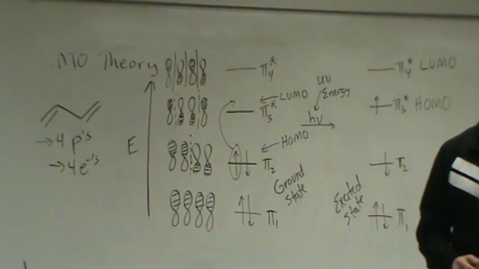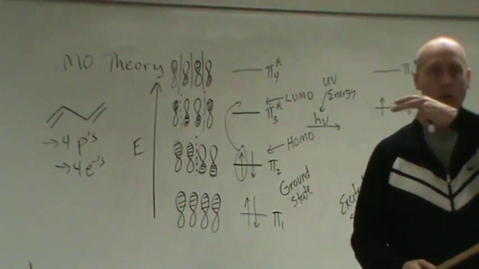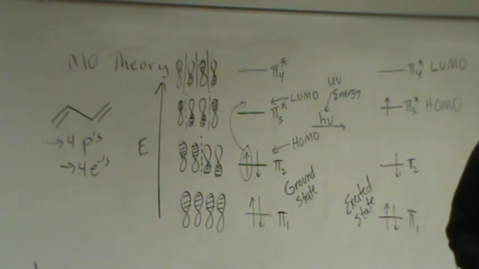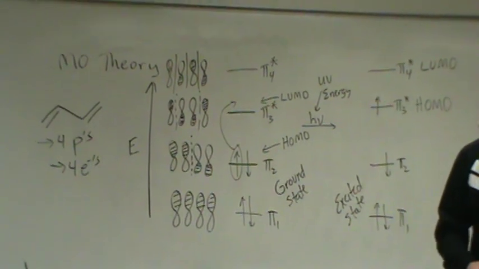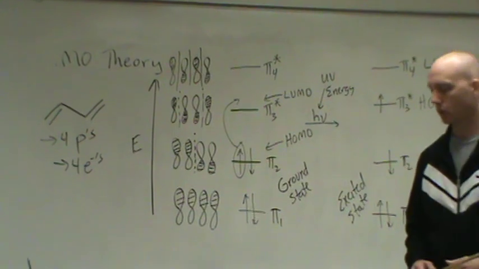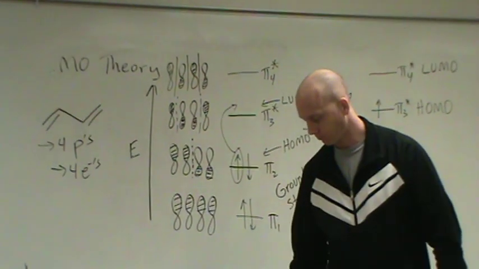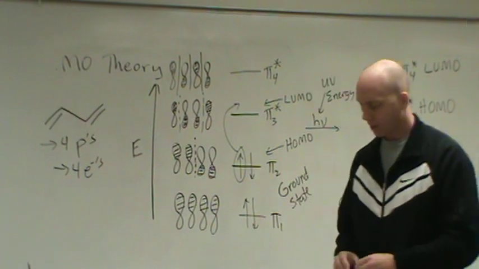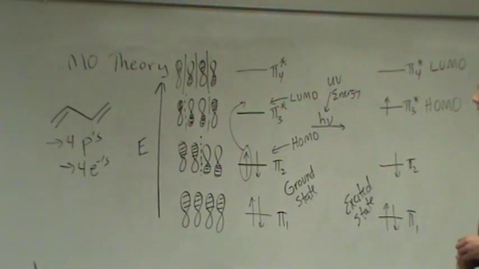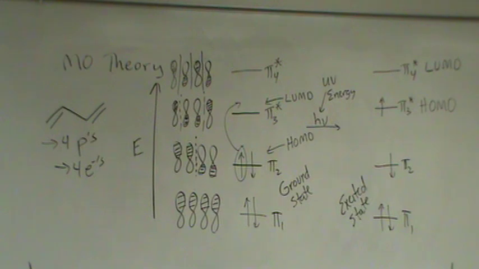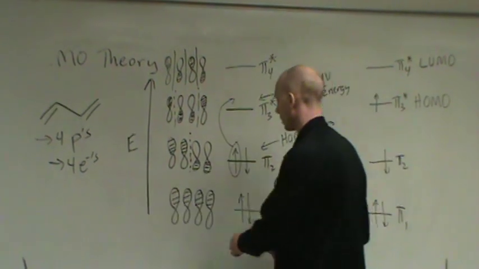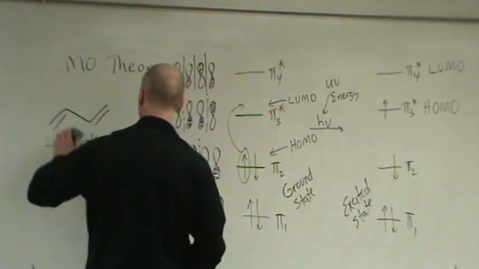So make a note of that, because on the exam I will ask you to draw the shading of p orbitals for HOMO LUMOs in either the ground or the excited states. Okay, so with this theory here, there's one more that we want to look at.